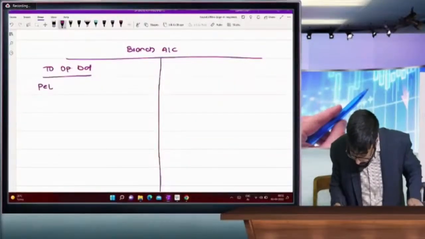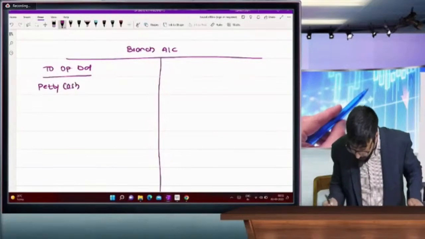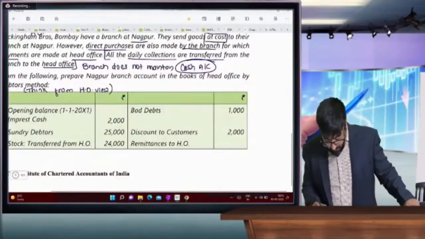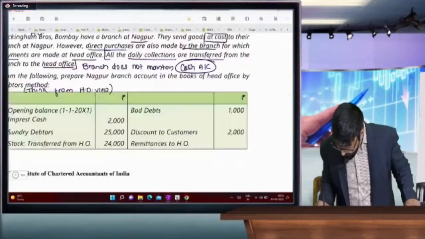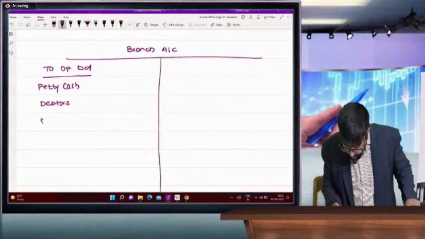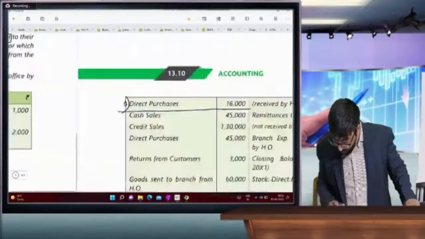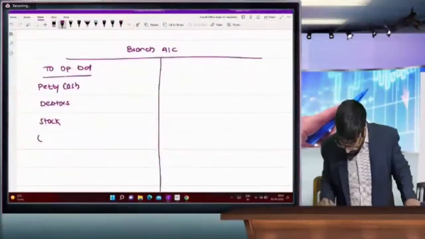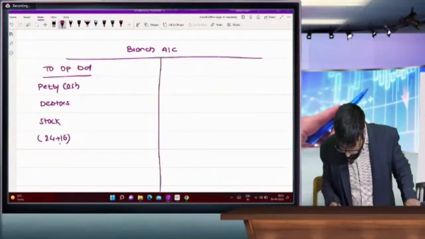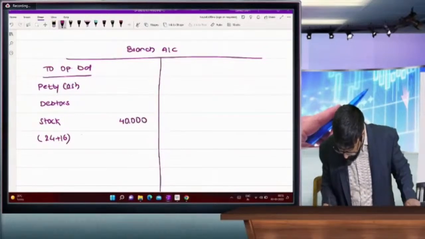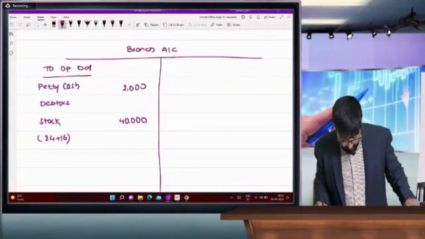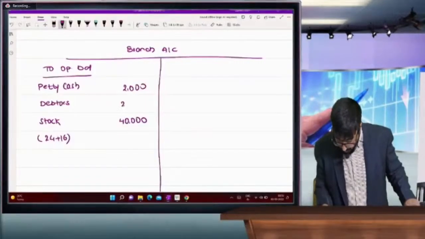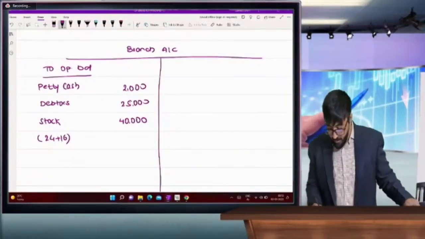Petty cash, then debtors, then you have stock. I will take the total of stock, 24 plus 16, 40,000, 2,000 and 25,000. So step 1 over.